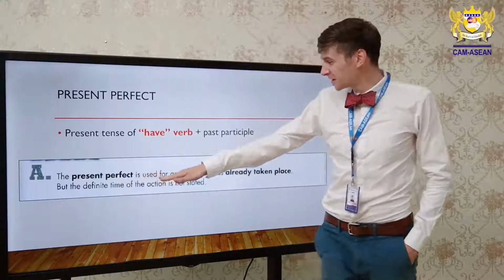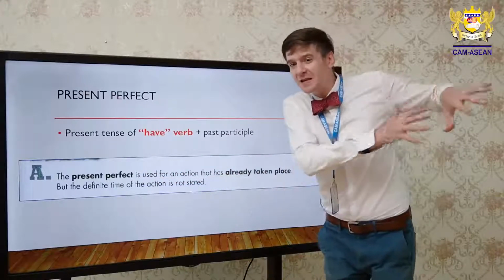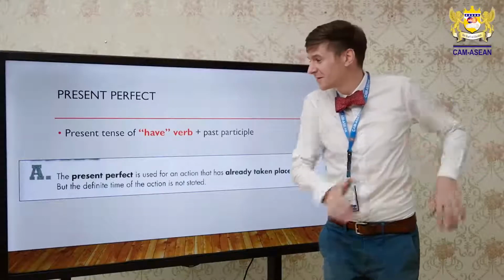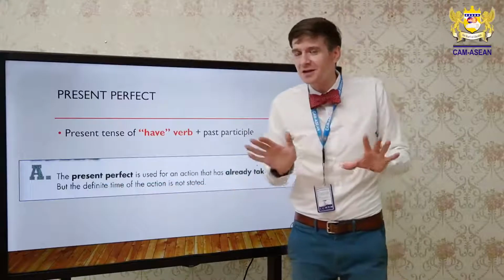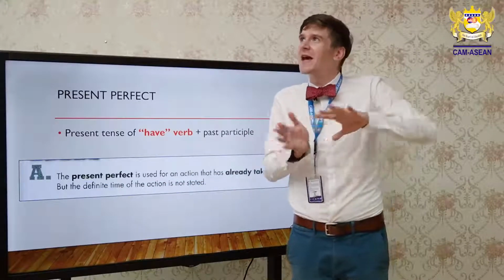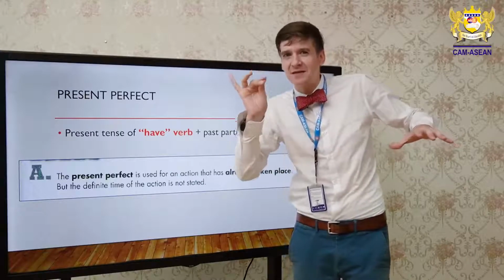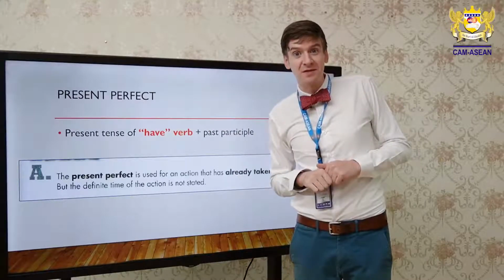The present perfect is used for an action that has already taken place. It's in the past. But the definite time of the action is not clear, or it's not mentioned. Okay, something happened in the past, but we don't know the exact time. We can use present perfect.